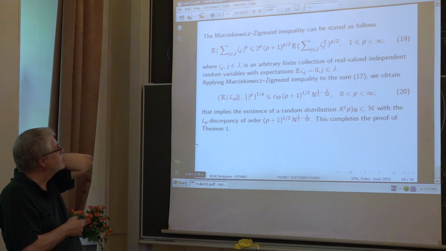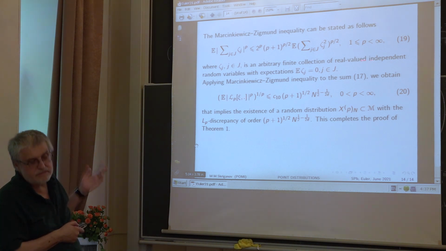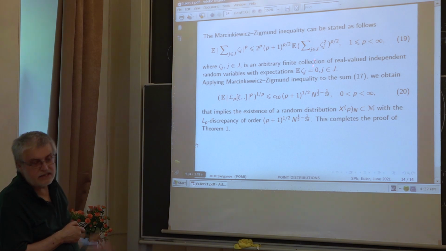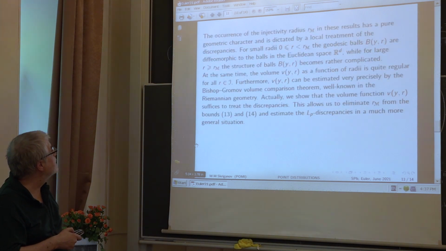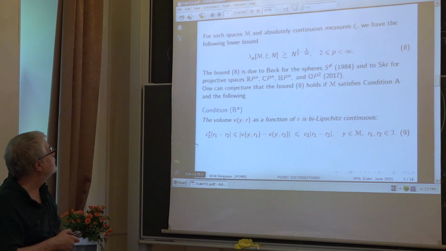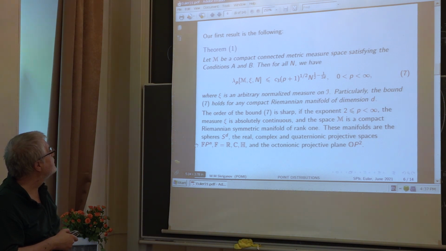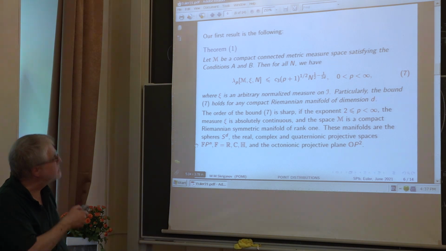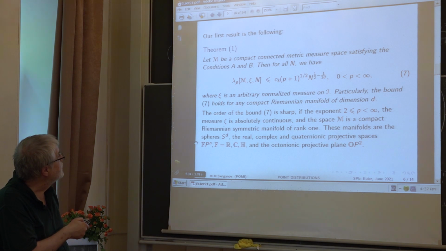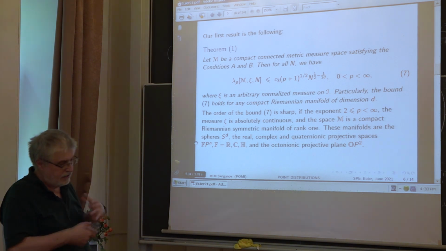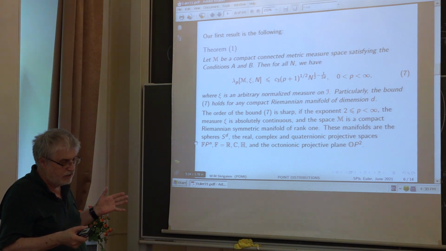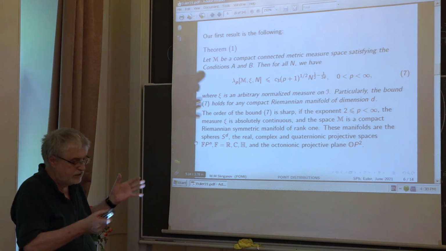And if the expectation is such, then there is a random distribution which satisfies the bound that was stated here before, and it proves this bound. It's a typical trick when random variables are used to prove the existence of some combinatorial object.